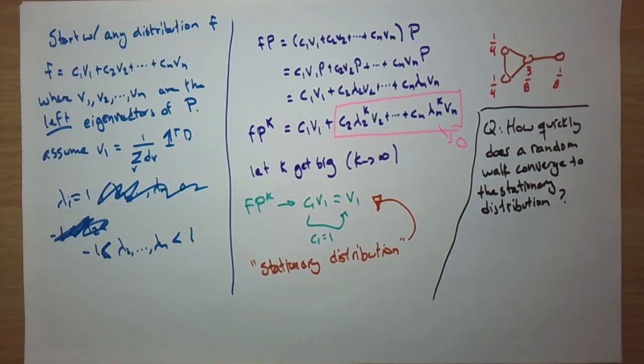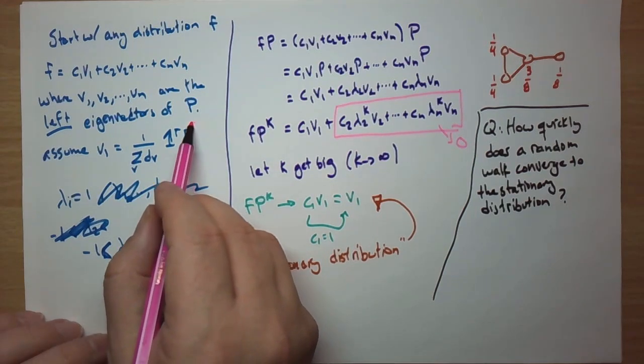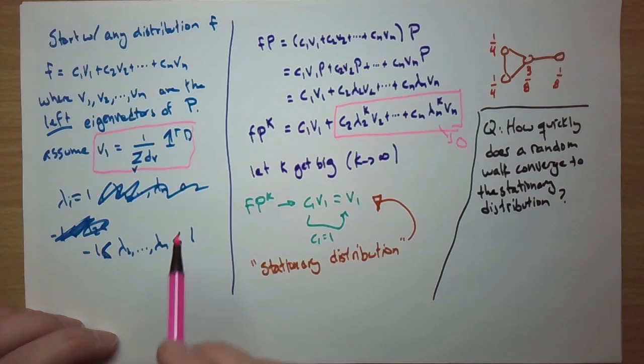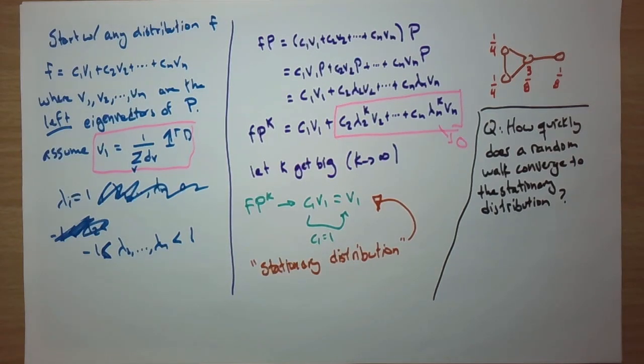So the stationary distribution is V1, this vector. Of course, you might say you could converge in no steps if you start in the stationary distribution. Well, okay, all right, come on. What's the worst case scenario? How long would it take?